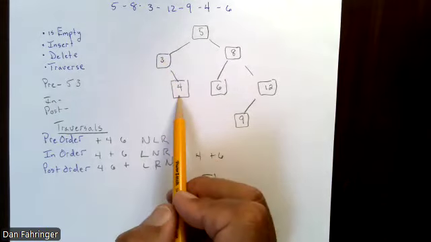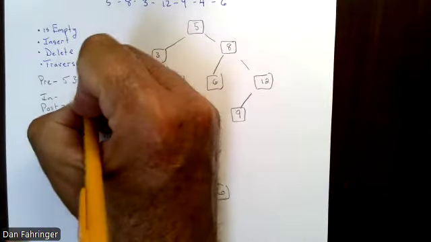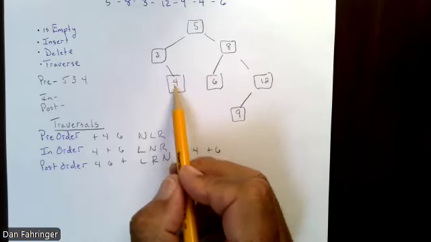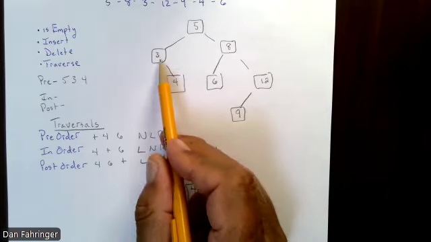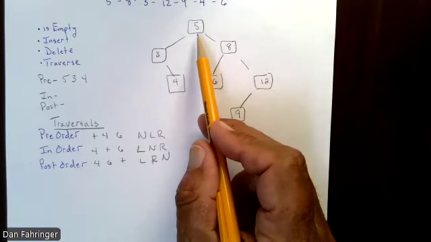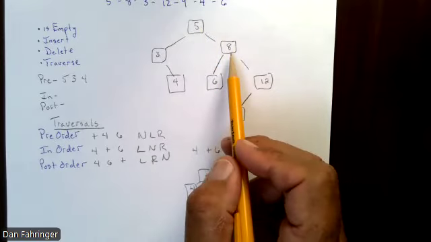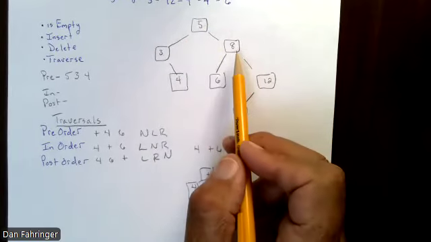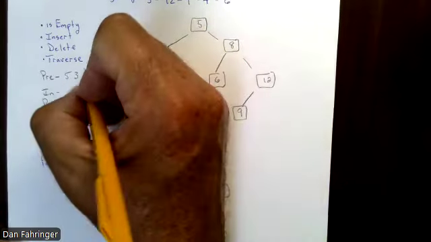The left was null, and now the right is 4. This is a node, but there's no left, there's no right, so I go back. I already did the 3, so I go back. I now hit the 5. Now I'm coming down to its right because I did node, took care of the left, took care of the right. I hit a node, which is 8.